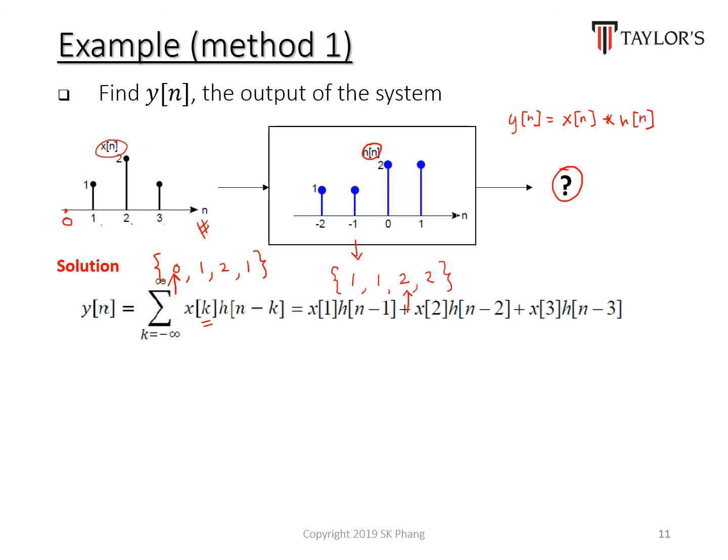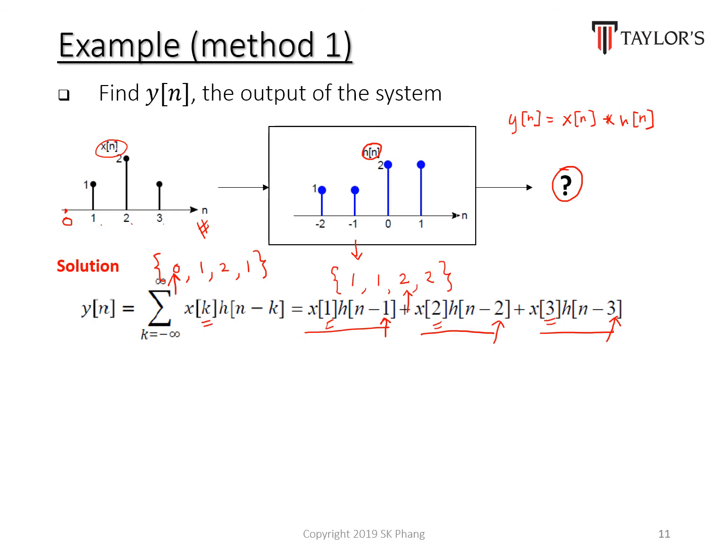So k will be k equals 1, k equals 2, and k equals 3, and all other k's will be 0. So we are left with just 3 different terms. For each of the terms, you write down n minus k: h[n minus 1], h[n minus 2], and h[n minus 3].